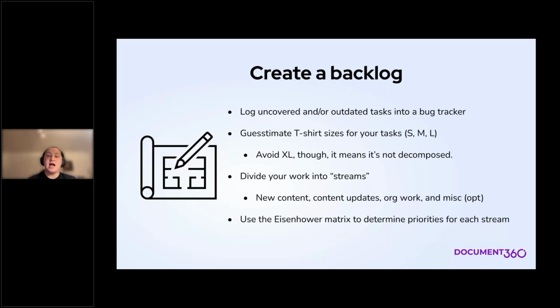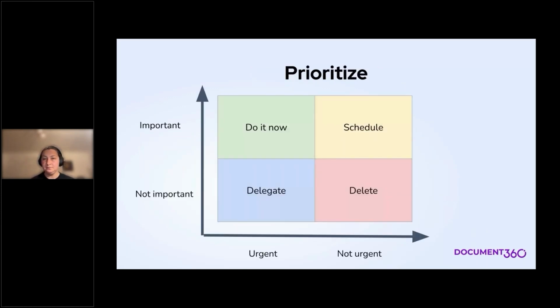And once I have a reasonable amount of decomposed tasks in each stream, I log them in the bug tracker. I fall back to using one of the most well-known prioritization frameworks, the Eisenhower matrix. So if you don't know about the Eisenhower matrix, here's what it looks like.